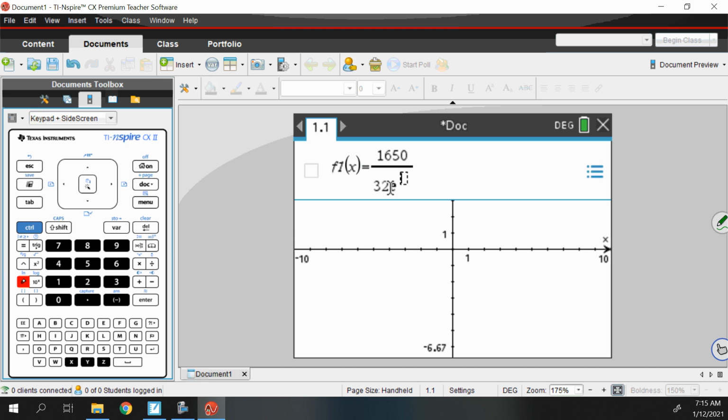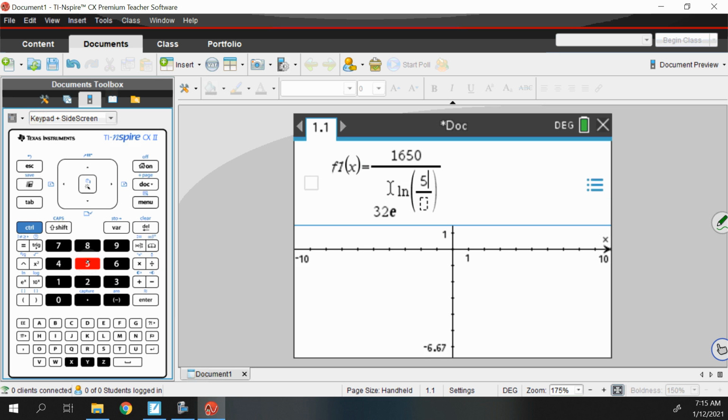We've got the natural log of the 5 over 16. Instead of t, we got to put x in. And make sure you're out of the exponent when you do your plus 1.